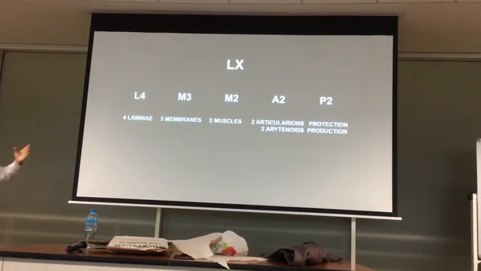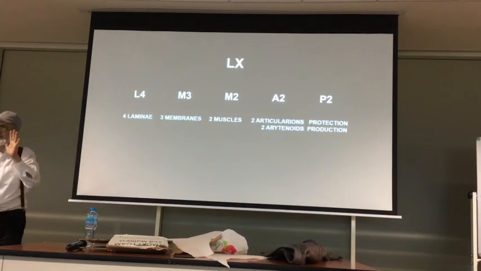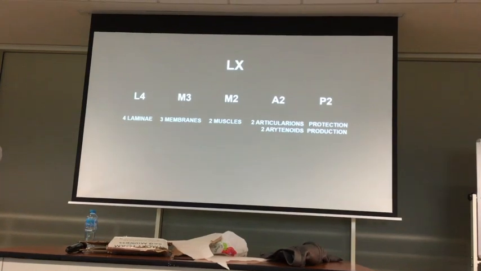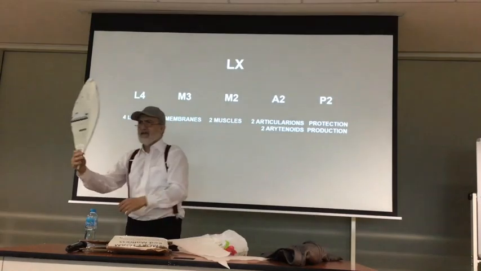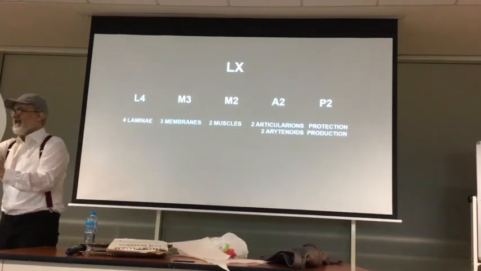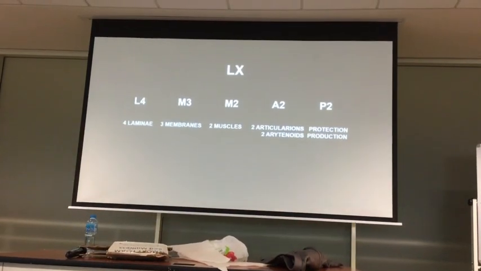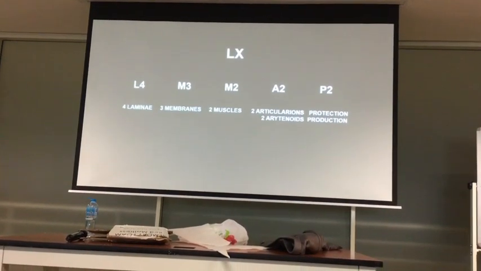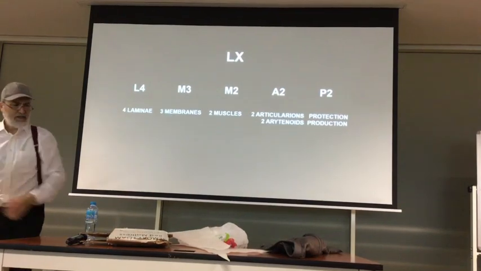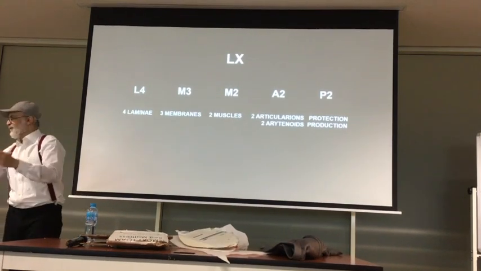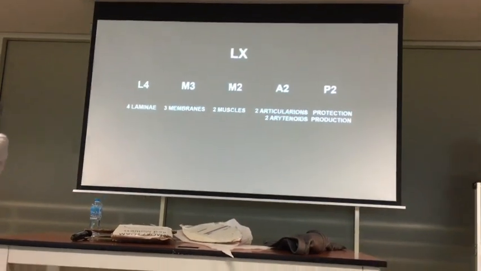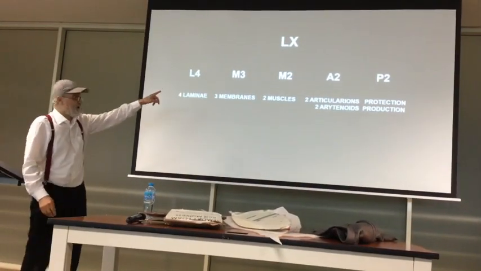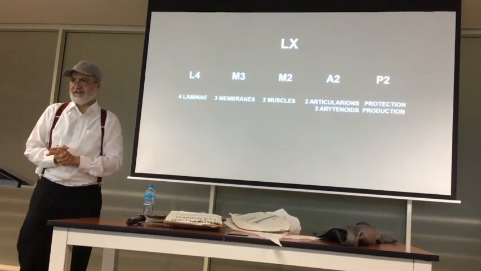The larynx is formed of 4 laminae. This is a lamina, a plain piece of cartilage. This represents the epiglottis, and it is formed of a lamina and a stalk. The larynx has 4 laminae. One of them is this, and 2 laminae here for thyroid cartilage, and 1 lamina for cricoid cartilage.